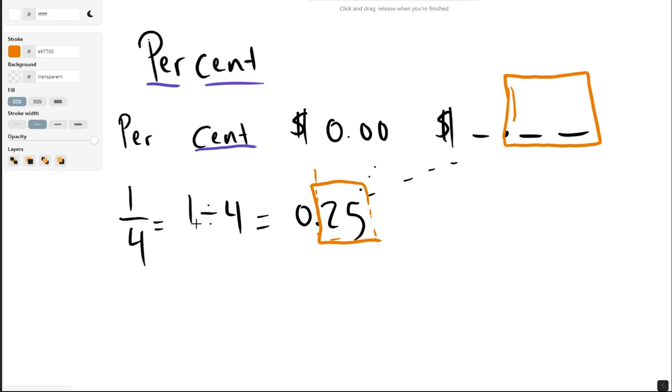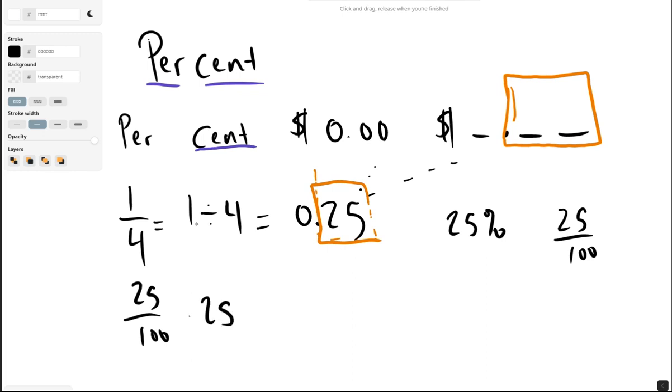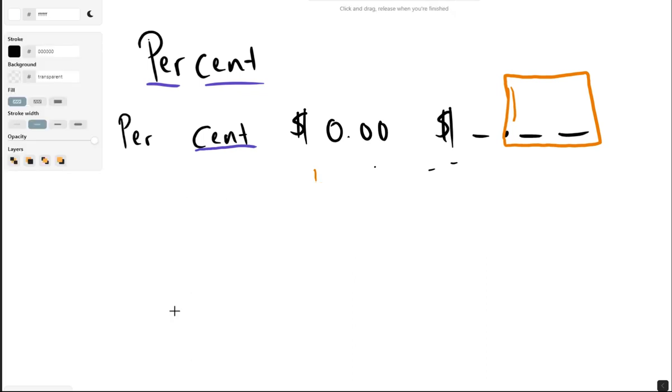That is 25%. That's it, which means 25 out of 100. So 1/4, also read a quarter, is also 25 hundredths, is also 0.25.